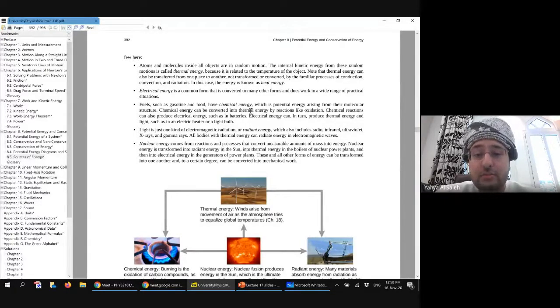Nuclear energy. If you have heavy atoms with 238, 240, 250 protons and neutrons all stuck together, they have bucket loads of energy, and they're cramped in such a tight space, they're not really comfortable being all together.